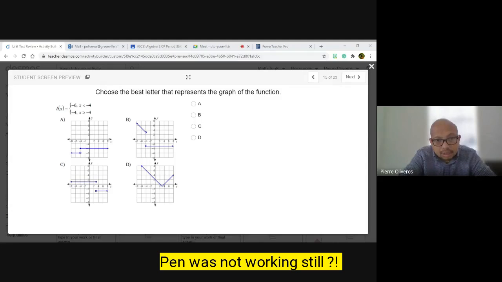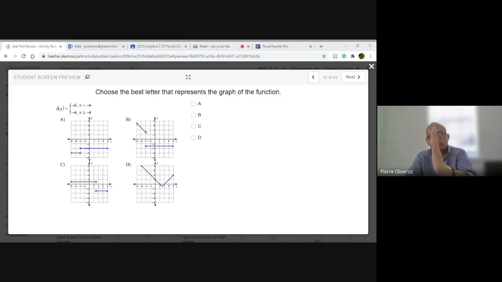Oh, this, -6 to the left 4. So this is right. A is the correct answer here. Because if you have a -6 and -4, they're just going to be horizontal lines. The -6 here is from -4 to the left, and -4 is from -4 to the right. And if you notice, look at this one. This is open, right here. The answer there will be A.